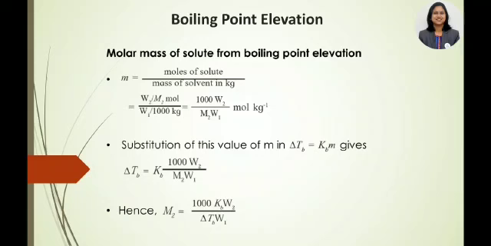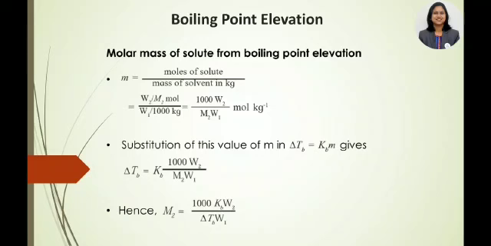Now we will substitute what we got for moles of solute and for mass of solvent: moles of solute W2 divided by M2 and mass of solvent W1 divided by 1000. When we do this calculation, we get 1000 multiplied by W2 upon M2 multiplied by W1, in mol kg inverse.